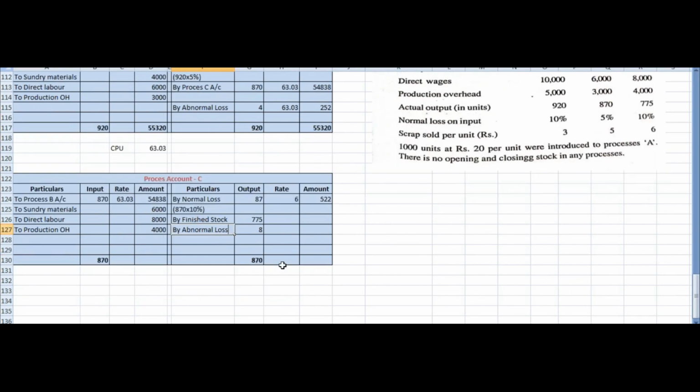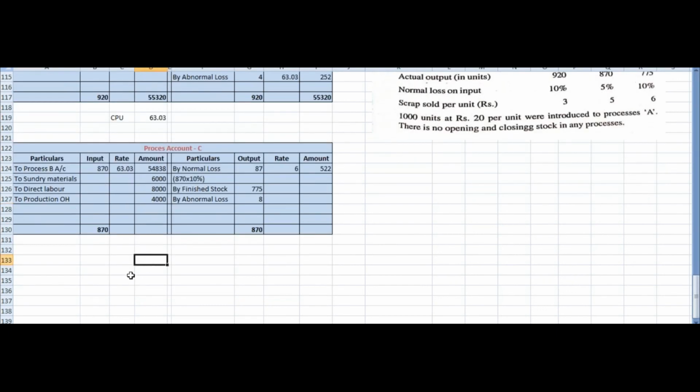Now we need to find the cost per unit. Do it first, quickly. It comes to 92.36.